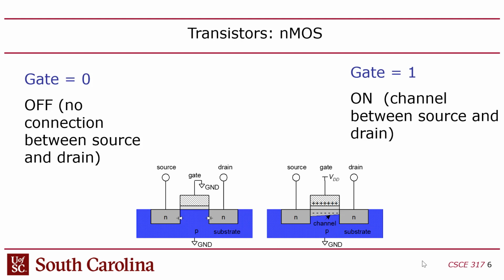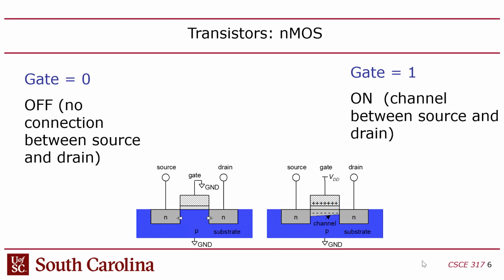But because P is guaranteed to be at ground, you shouldn't be getting any current flowing from the substrate up, right? Or from the diffusion area down. It should be blocked, right? Nothing goes from the substrate up because the substrate's at ground, and nothing goes from the diffusion area down to the substrate because of the diode that's formed.